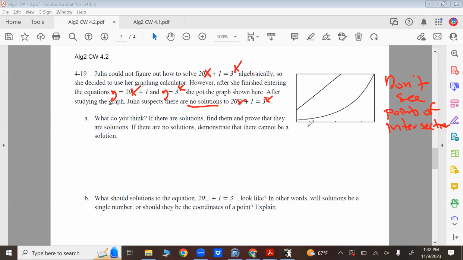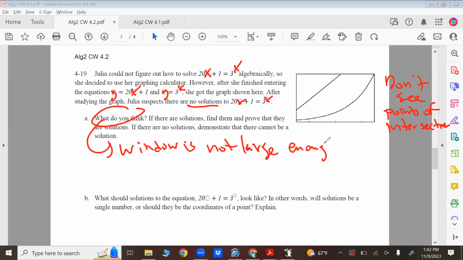Yep, great, awesome. So why do you think the window is not large enough? We need a larger window. So basically you want to expand, because it looks like they're getting closer together. So I'm pretty sure they're going to touch, right?